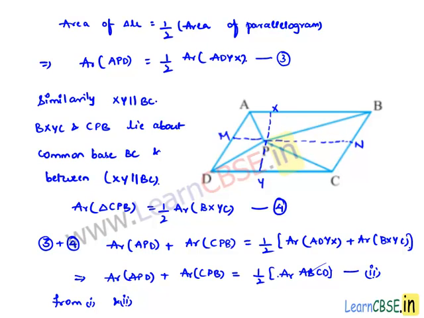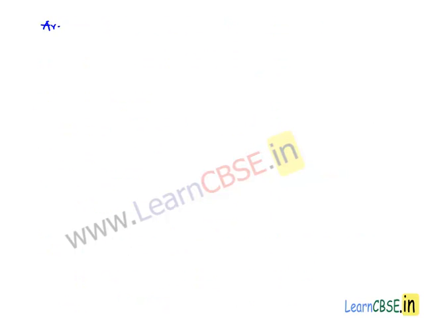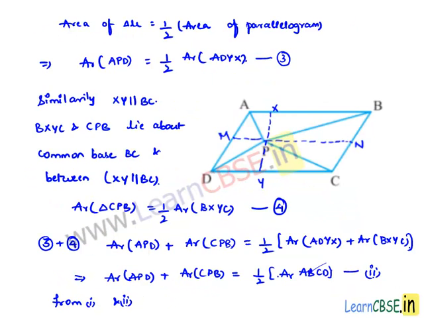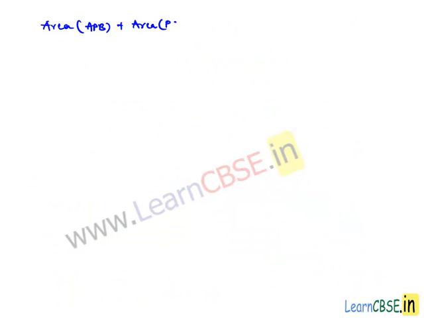Therefore we can equate both, that is area of triangle APB plus area of triangle PCD is equal to area of triangle APD plus area of triangle CPB.